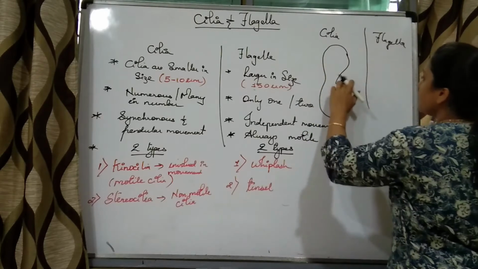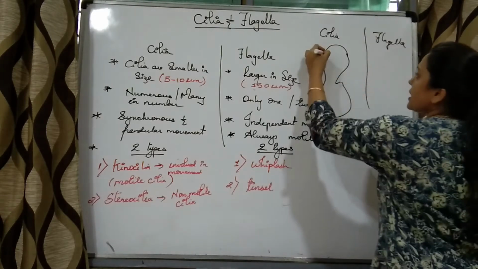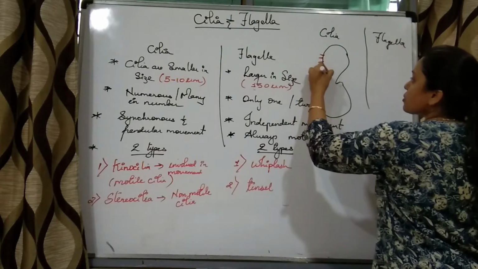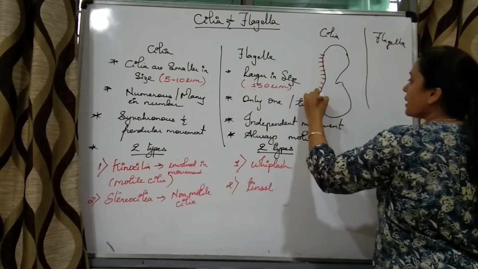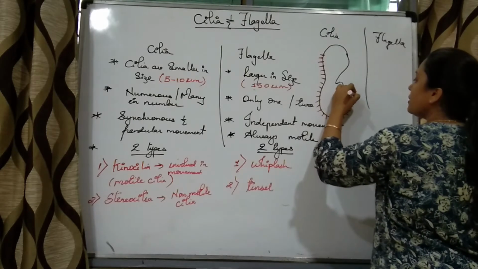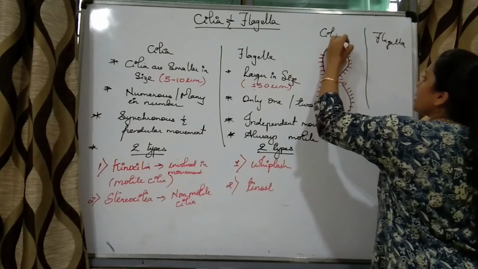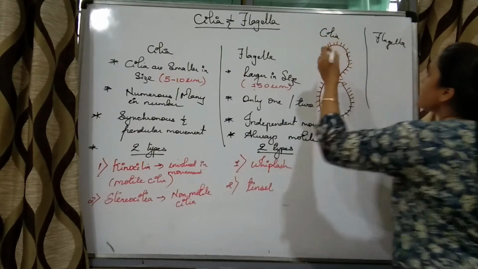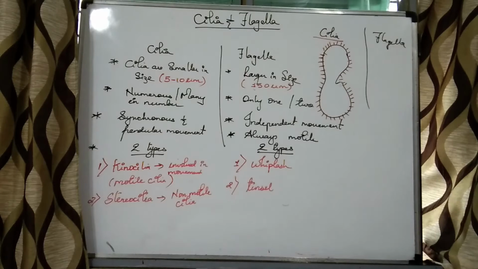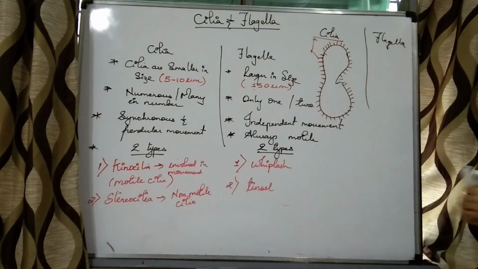So cilia are small structures, numerous in number and present all over the body. So these are cilia.